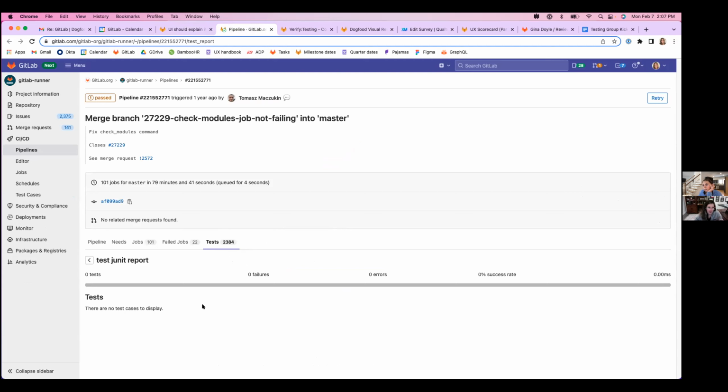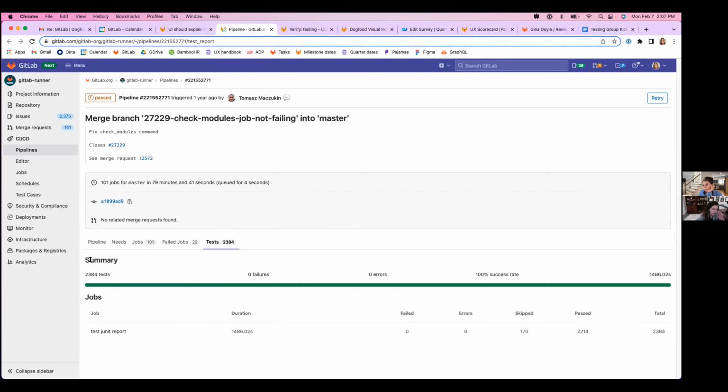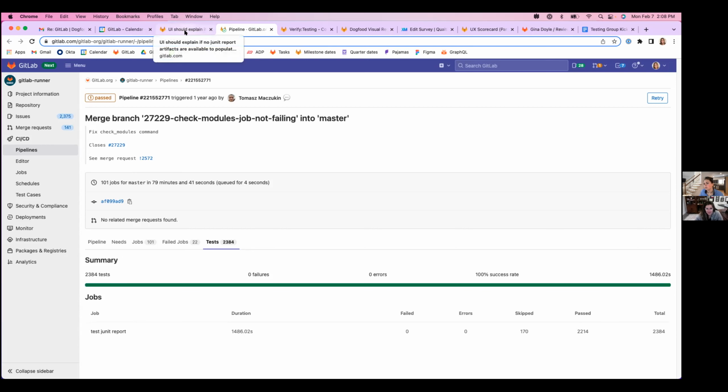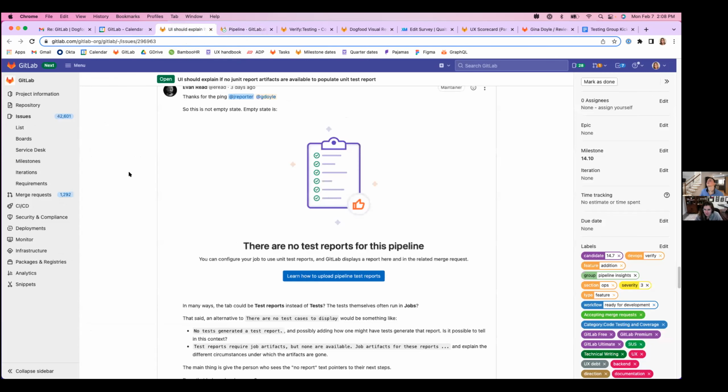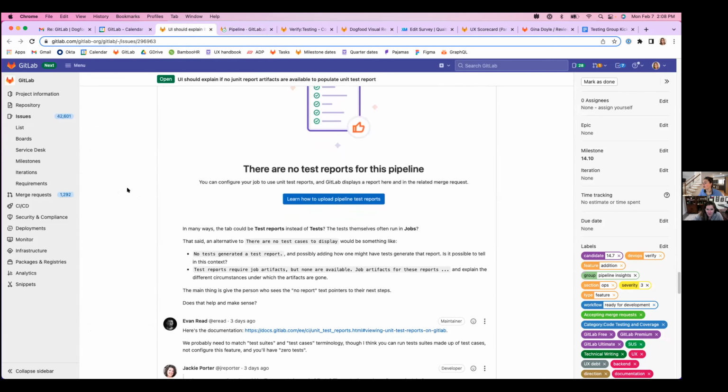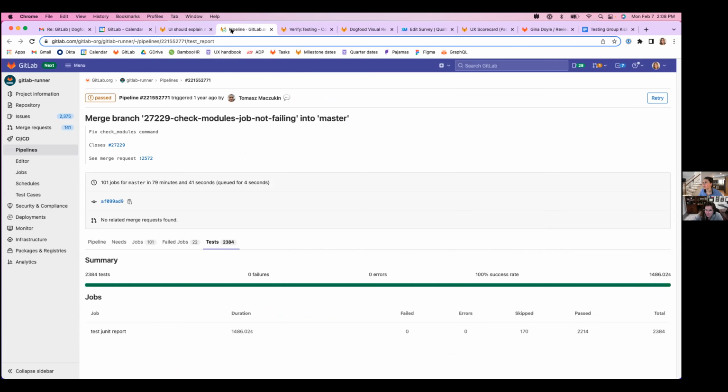Because in the previous view, this is the test job view, but when they click onto that job name, test JUnit report, they're looking to see the report details. Right. So I think that was Evan's point. And then he was just clarifying that this technically isn't an empty state, because this is what an empty state looks like elsewhere in our product. Okay, I was mixing that up. That helps me understand that better.